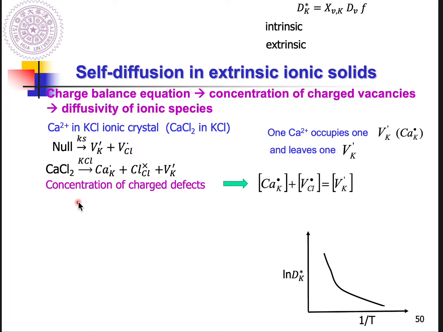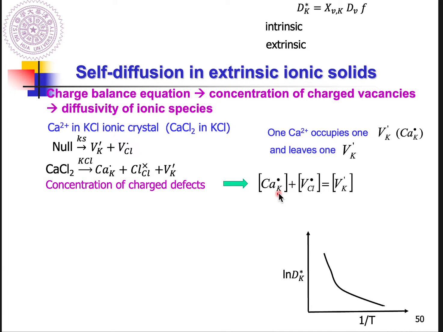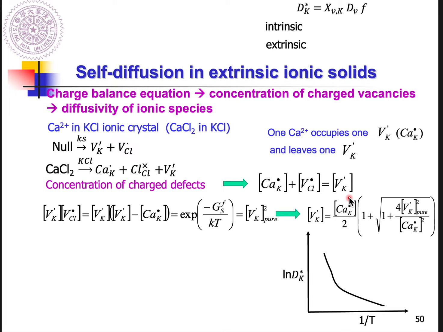So the idea to reach the charge neutrality is that all the positive charge will equal all the negative charge components. So you got this relationship between the calcium at the potassium side, the vacancy at the chloride side and the vacancy at the potassium side.